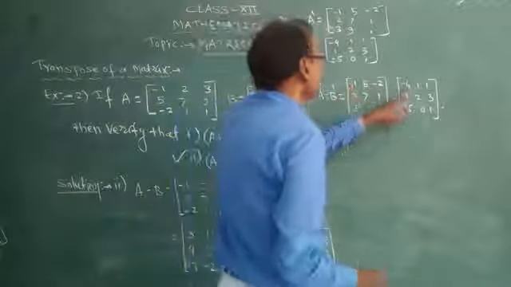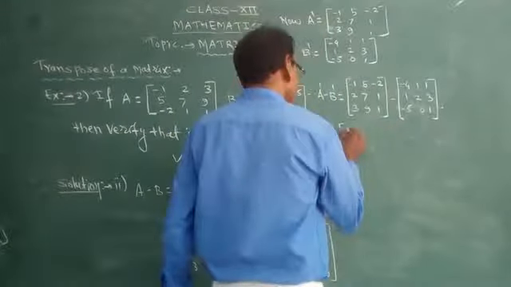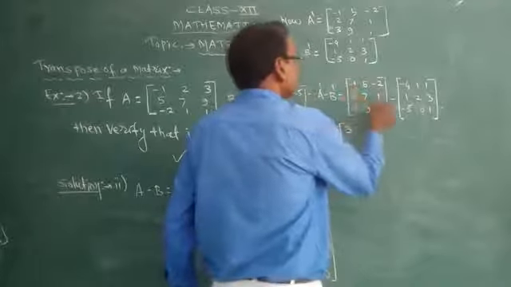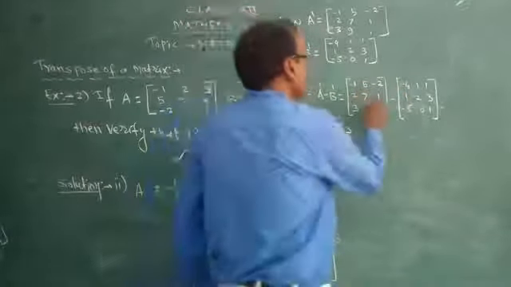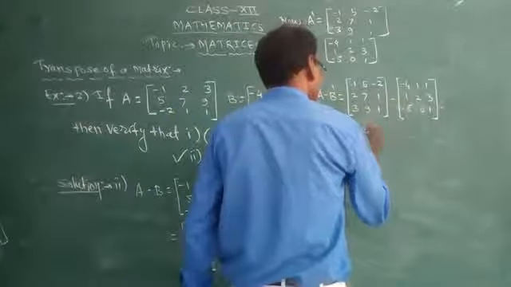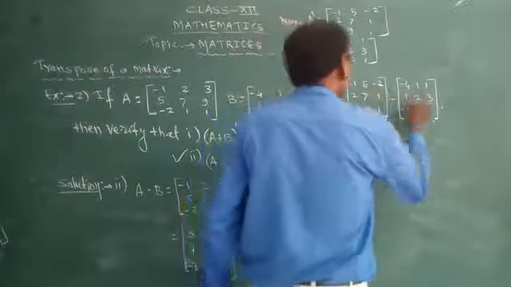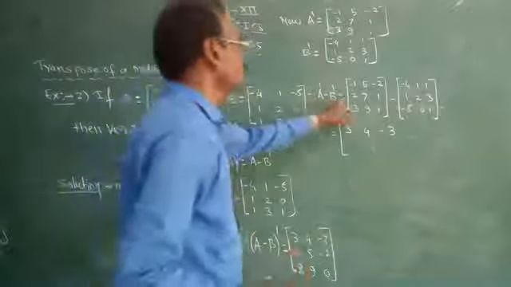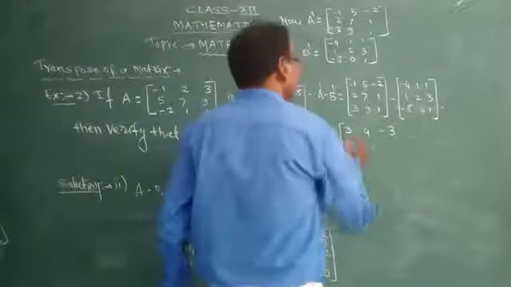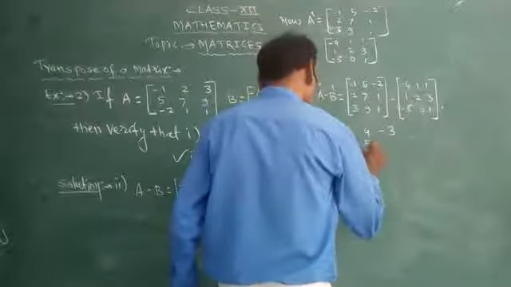So take the subtraction of this. Minus 1, minus of minus becomes plus 3. Minus 1, plus becomes plus 4. So plus 3. 5 minus 4 is 4. Minus 2 minus 1 is minus 3. Then 2 minus 1 is 1. 7 minus 2 is 5.